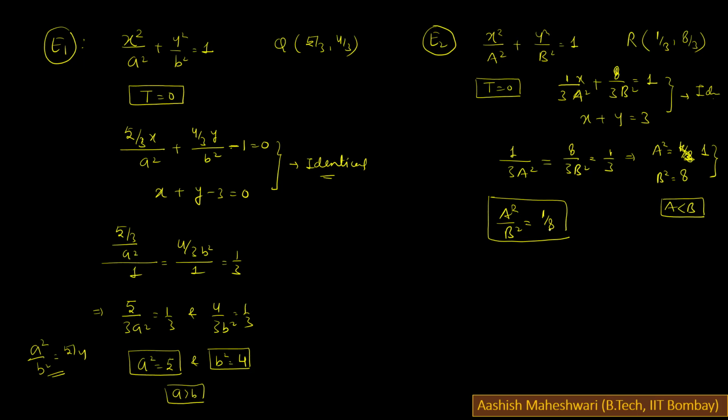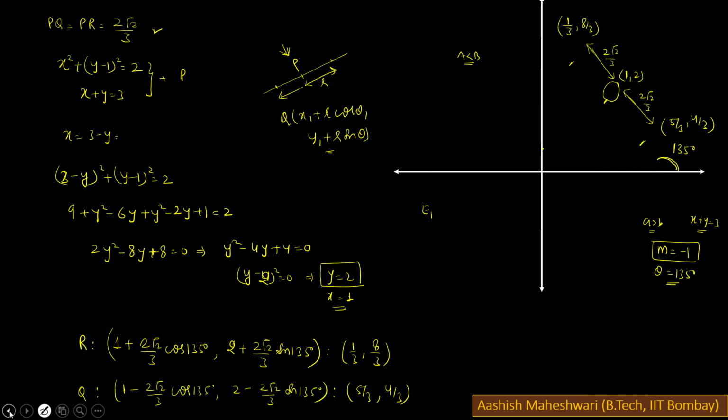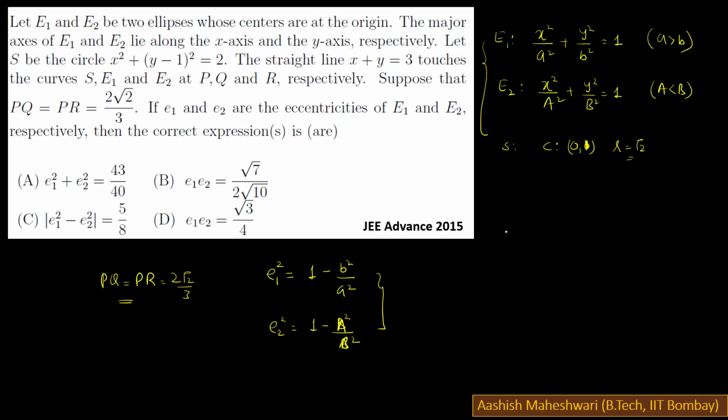Now you can substitute all the values here. So now we will check this. What is a square by b square? This is 5 by 4. So what is eccentricity?